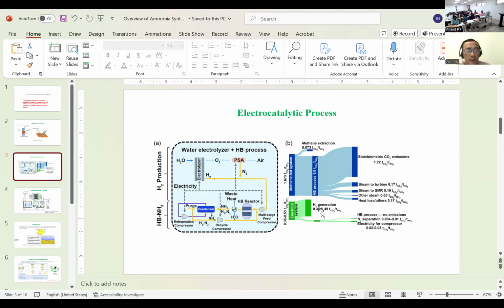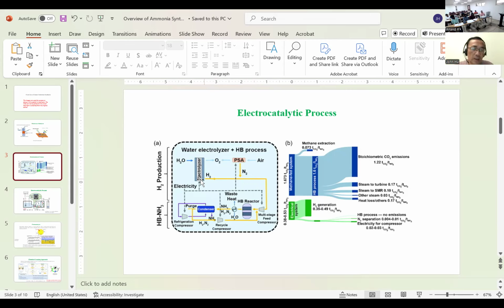So with electrocatalysis, as I mentioned, you use an electrolyzer and generate hydrogen, but you still have to depend on the Haber-Bosch. Yesterday, we already talked about the disadvantage of this. The advantage of this, you generate green hydrogen. The whole process doesn't emit CO2. The carbon footprint is low. You agree, all right? Because you use green electricity, whereas in Haber-Bosch, you use natural gas.